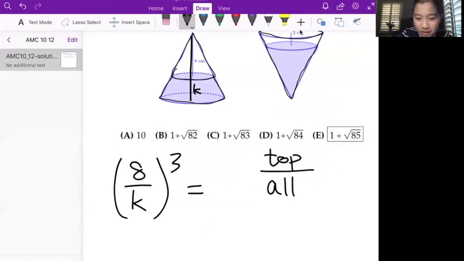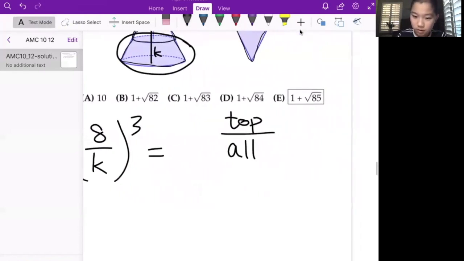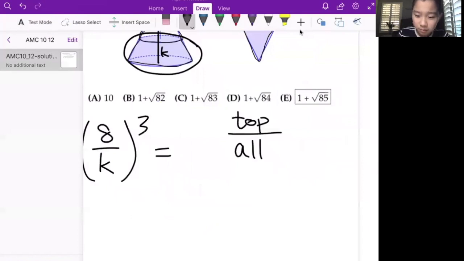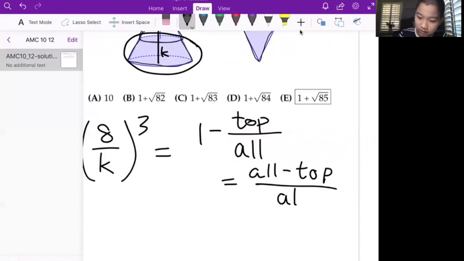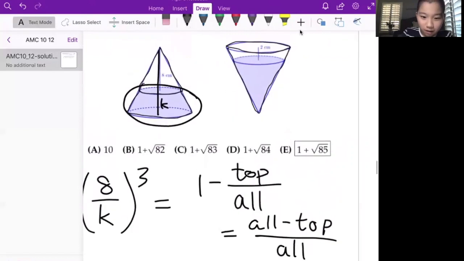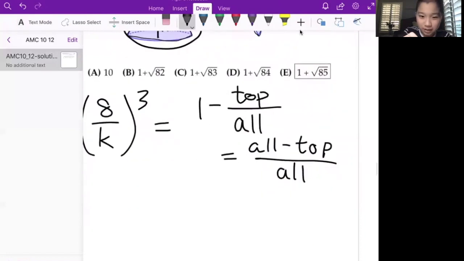But then what we want to know is this, and that's called the frustum. So top over all, let's think about what would happen if we took 1 minus that. Then that would be all minus top over all. But then since the whole thing minus the top part is just the frustum, this can be written as just the frustum.